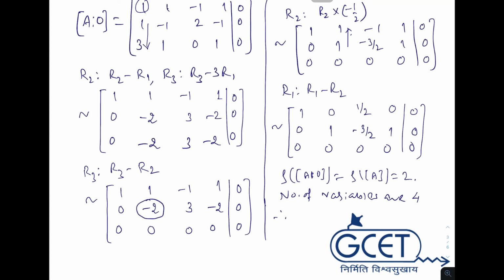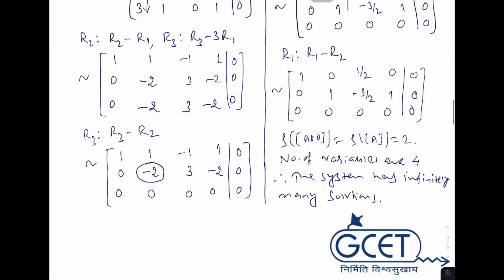So therefore the system has infinitely many solutions. And how many variables we need to assume arbitrarily? 2. So 4 minus 2 equal to 2 variables. Select arbitrarily.